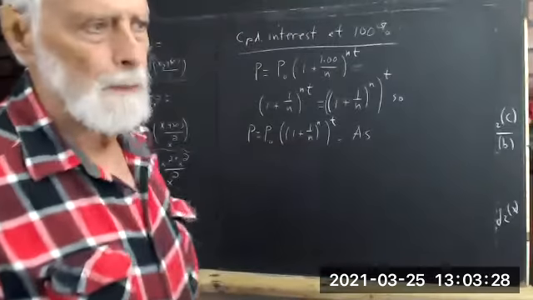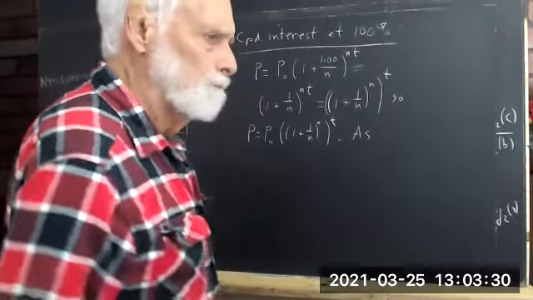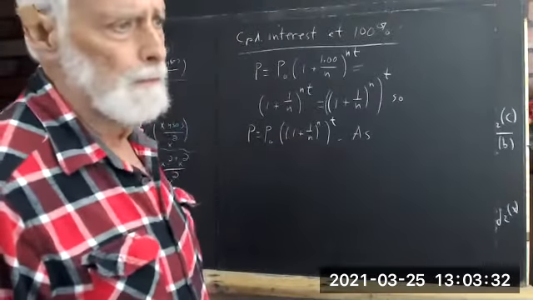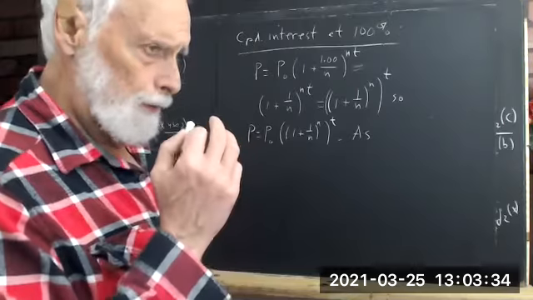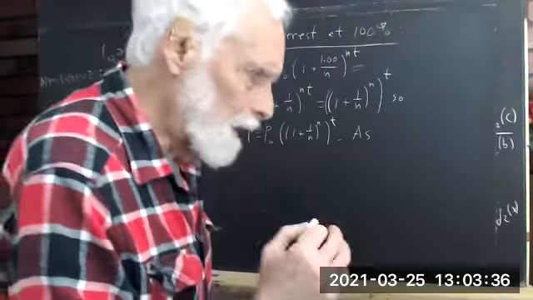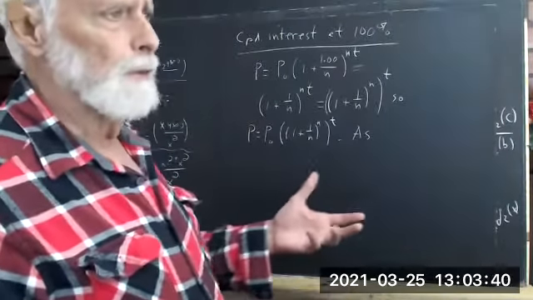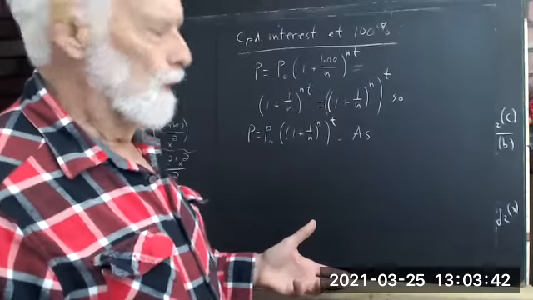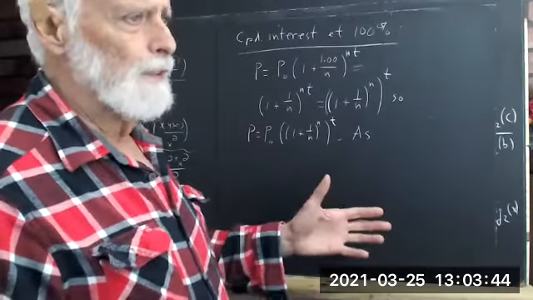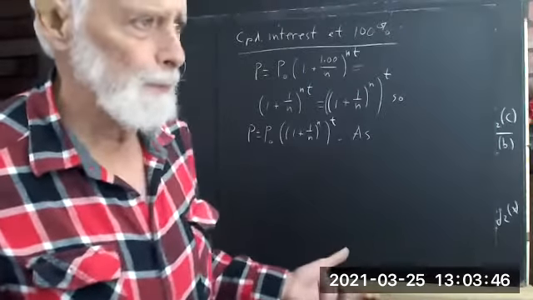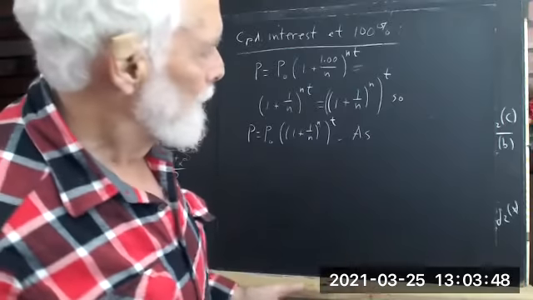Now, if you've done some problems with compound interest and you've let n get larger and larger, you find that you get diminishing returns. Okay? The bigger n gets, the less difference it makes to make n much bigger.